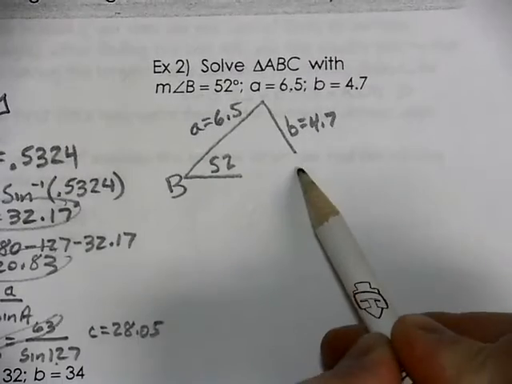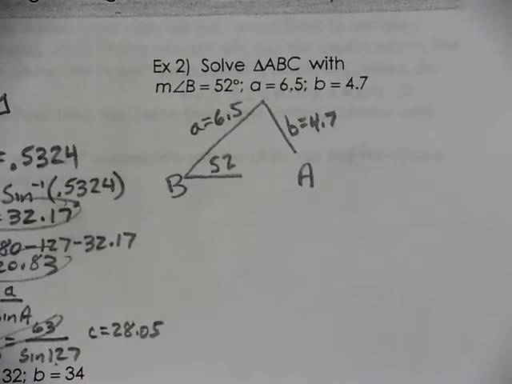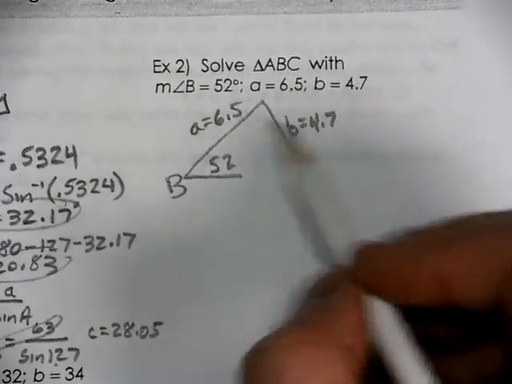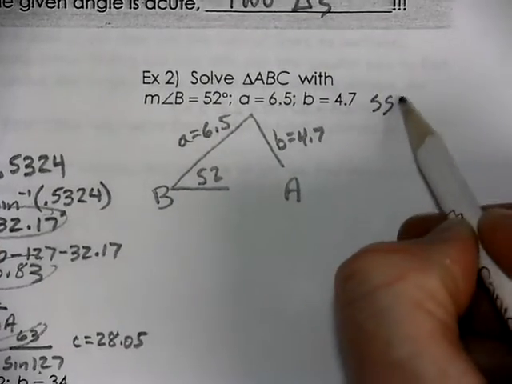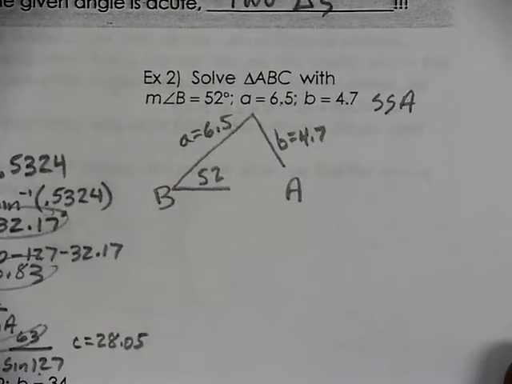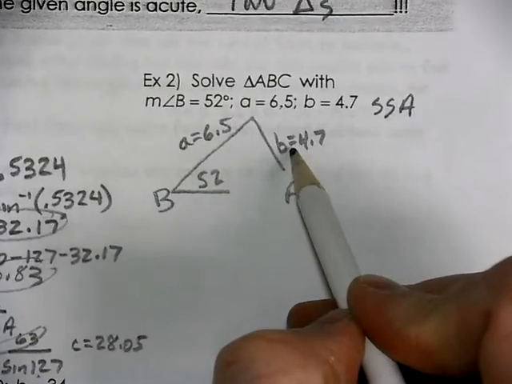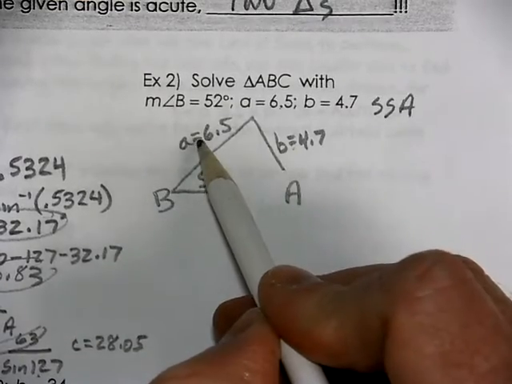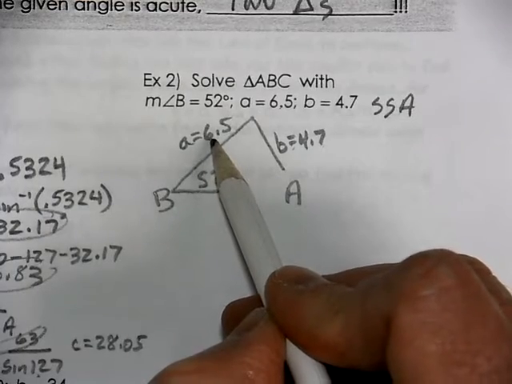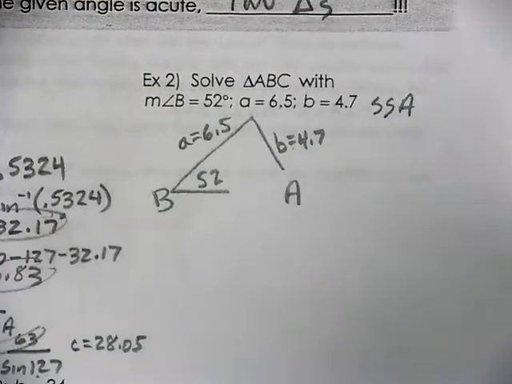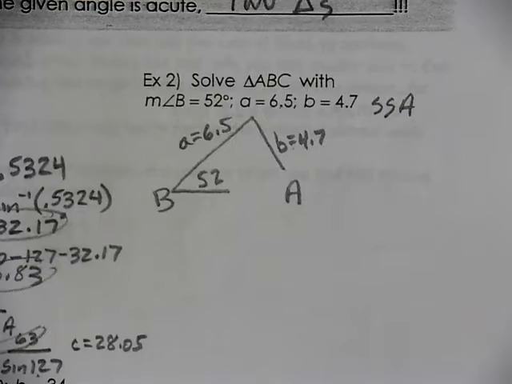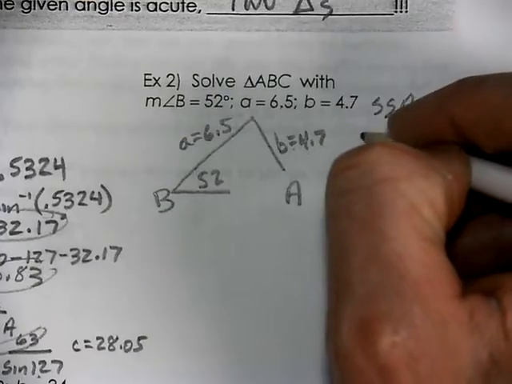So that means angle A is sitting over here. Now, I haven't finished my triangle off yet because I don't quite know what I have. I notice that this is an SSA situation, and the side opposite is smaller than my other side. So I need to find the height.